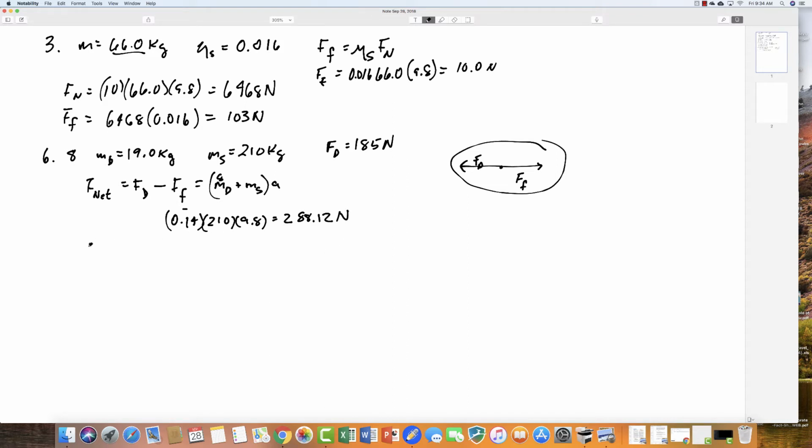And so F net is going to equal 8 times 185 minus 288.12. So that's the F net.